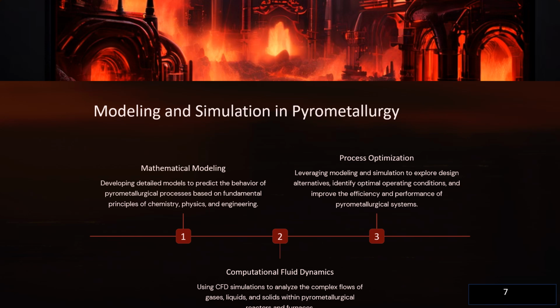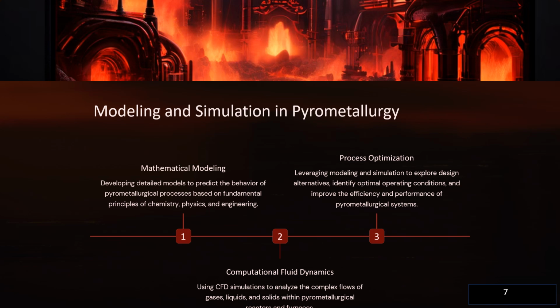Mathematical modeling is the activity by which a problem involving the real world is translated into mathematics to form a model which can then be used to provide information about the original real problem. So it involves developing detailed models to predict the behavior of pyrometallurgical processes based on fundamental principles of chemistry, physics, and engineering.